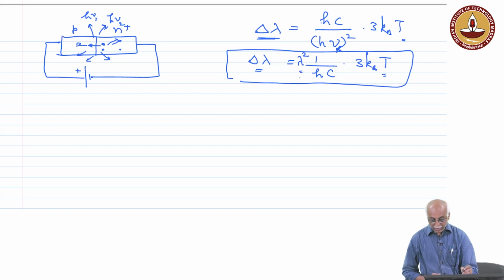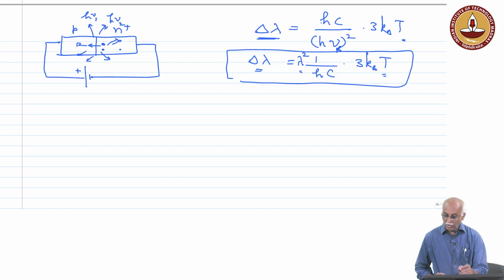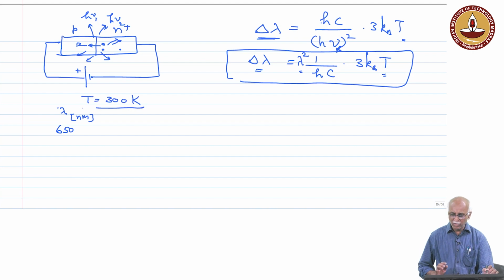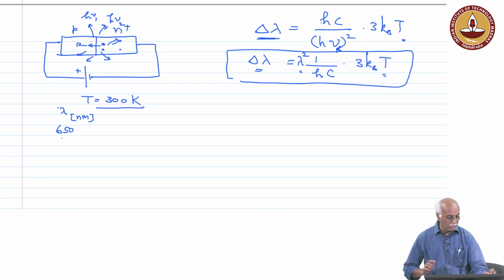So, if we are considering a semiconductor laser, or sorry, not a laser but a light emitting diode with a wavelength around, let us say, 650 nanometer, and we consider room temperature, 300 Kelvin. I do not remember what temperature was used in this calculation, but let us say 300 Kelvin.